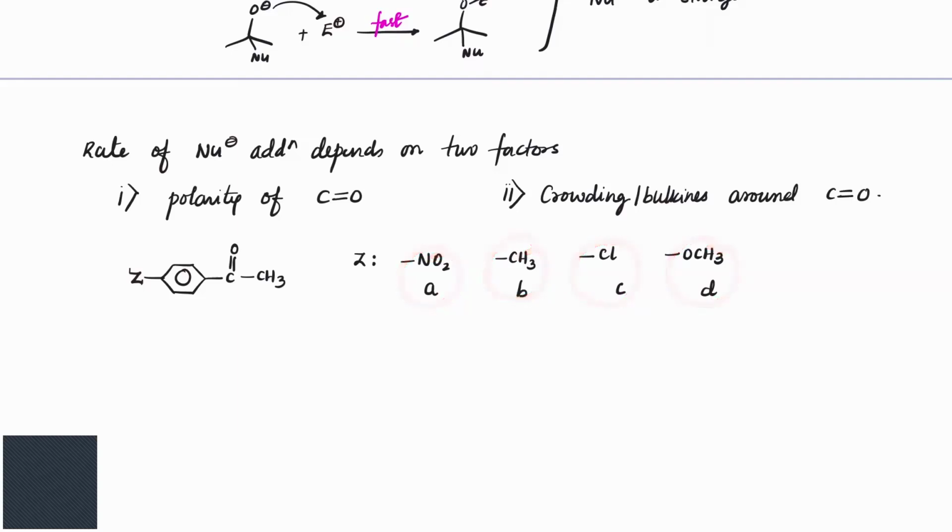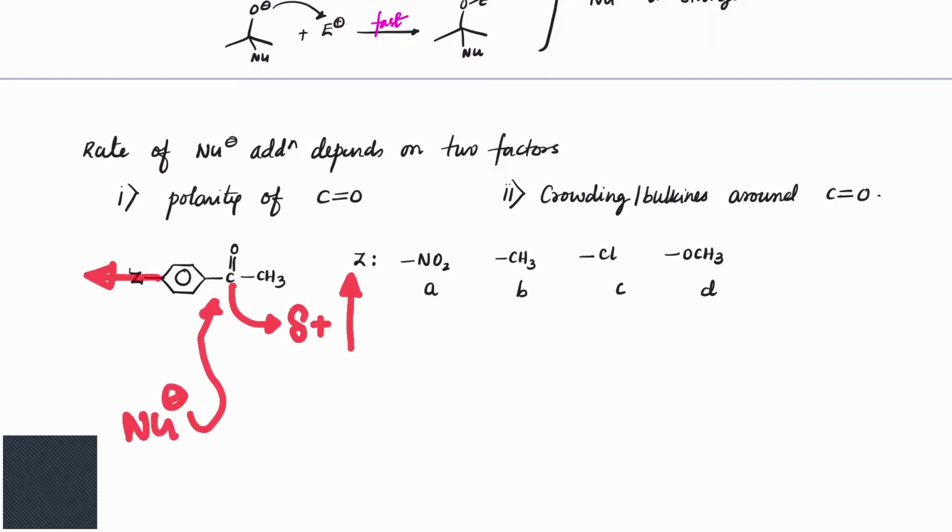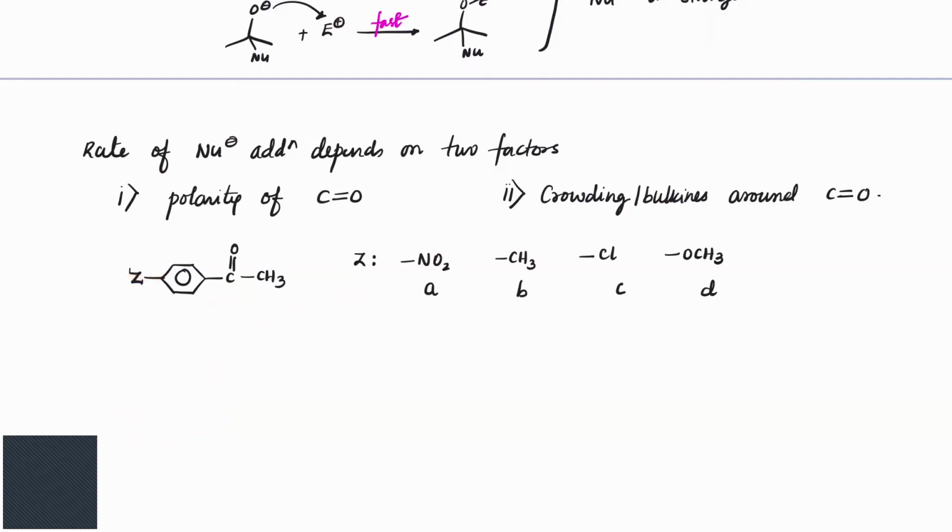obviously NO2 is more withdrawing here. Because of its withdrawing nature, the delta positive charge on the carbon increases, and that allows the nucleophile to attack even faster, and definitely the rate of the reaction will increase. So if there are any withdrawing groups, the rate of the reaction will always increase.